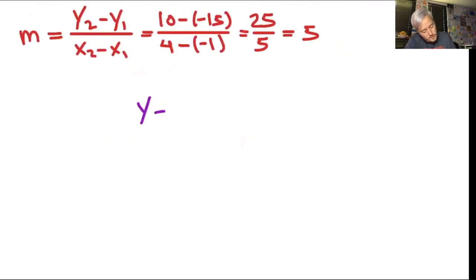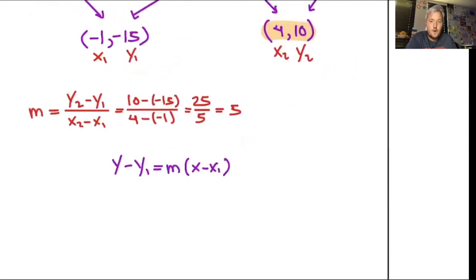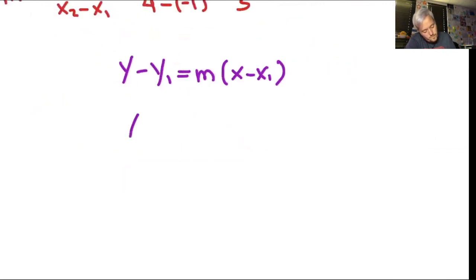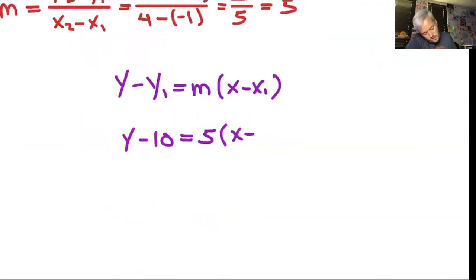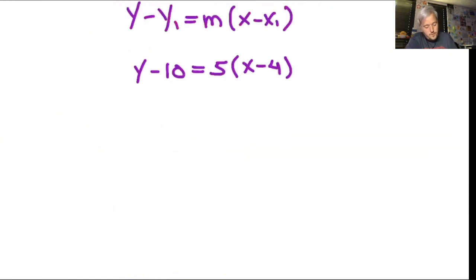So y minus y1 equals m times x minus x1. So y minus 10 equals slope of 5 and x minus my x value, which is 4. So there's nothing else I can simplify here. So this is my point slope form.